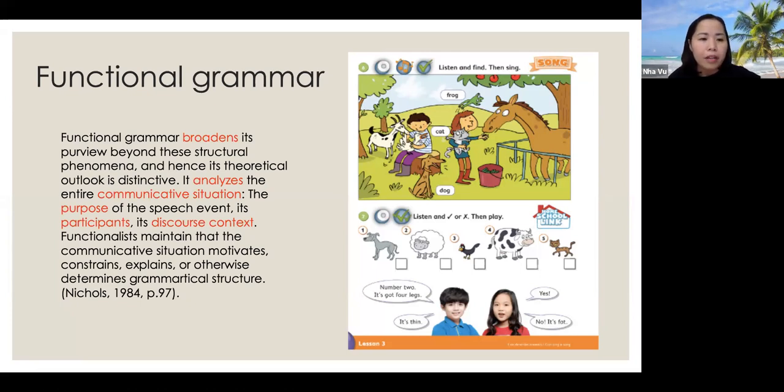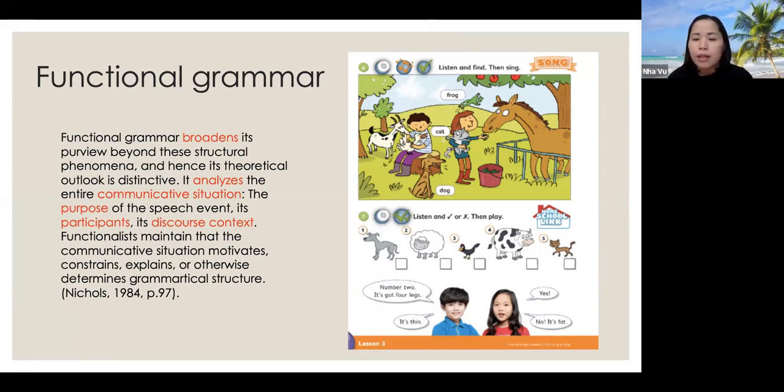And as a definition in here, a functional grammar broadens its purview beyond these structural phenomena, and hence its theoretical outlook is distinctive. It analyzes the entire communicative situation. So it is a situation and it is for communication. And we look at the purpose, the participant, or the discourse context.